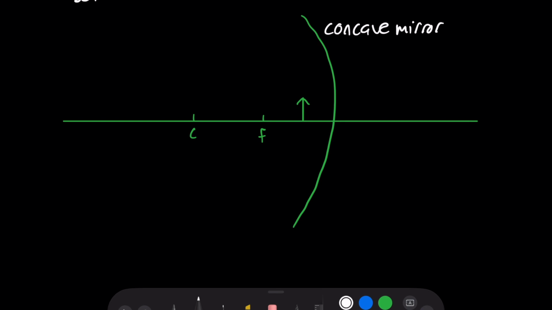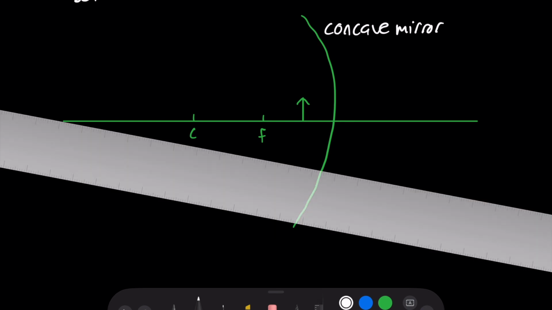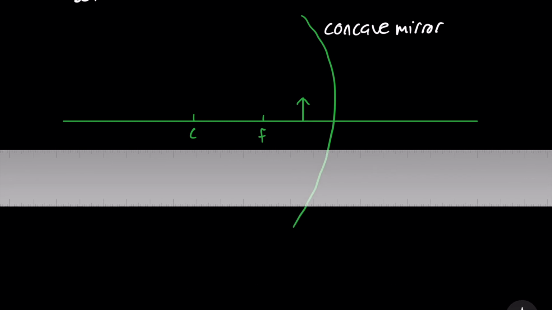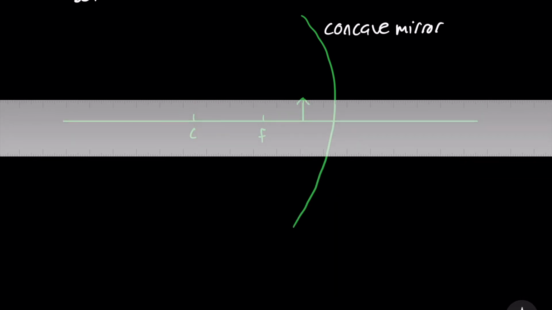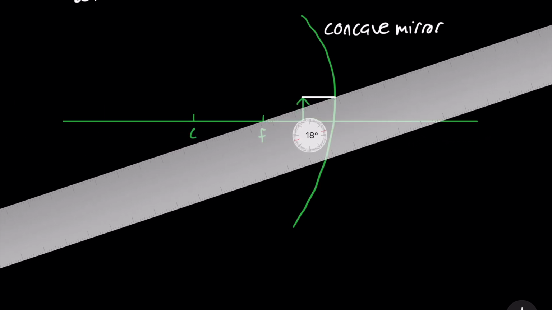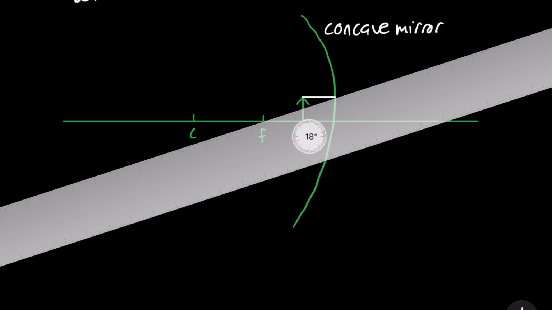Again, we might need a little bit of an adjustment on some of them, but we should be able to use them quite effectively. So our first rule, again, our ray is going to run parallel to the principal axis, and it's going to reflect back through F. So there's our first rule.